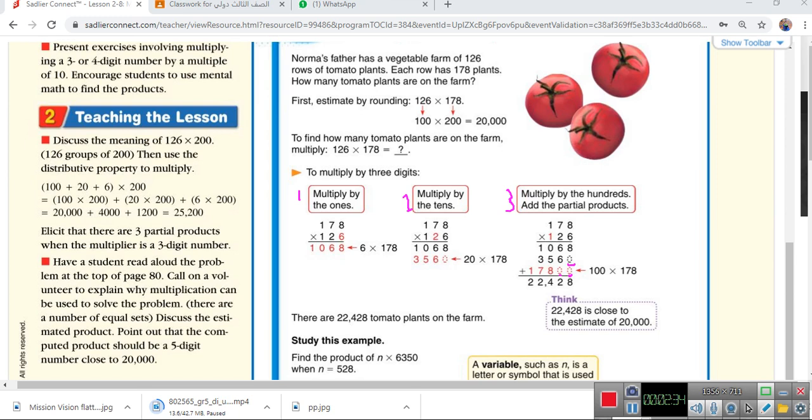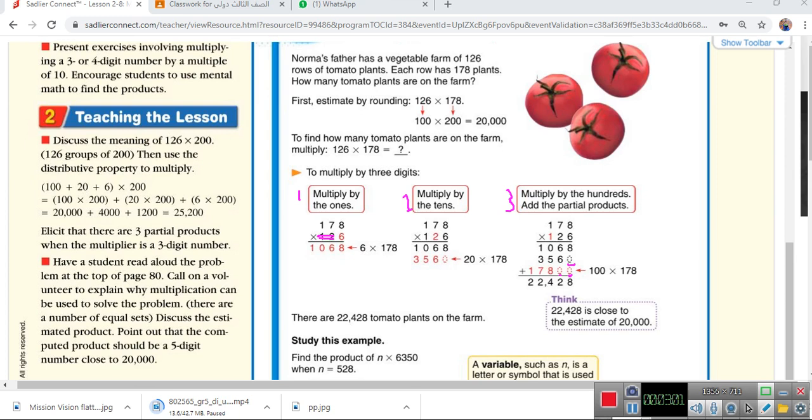Now let's do this one here. We have 178, and ignore these 2 digits like they're not there. Just multiply the ones with the ones, tens and hundreds. So we write 6 times 8. What is 6 times 8? That's 48.